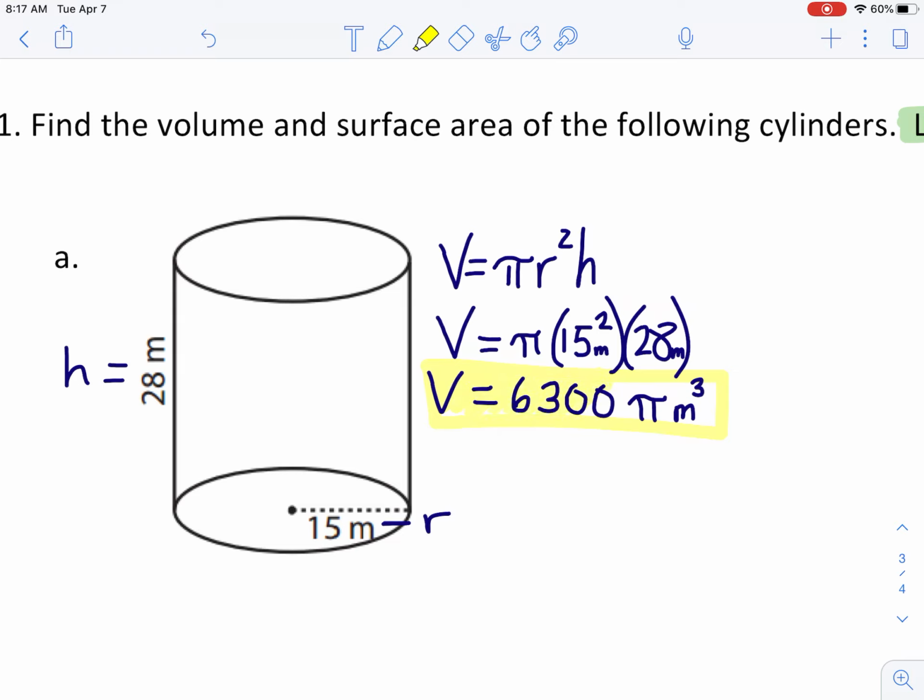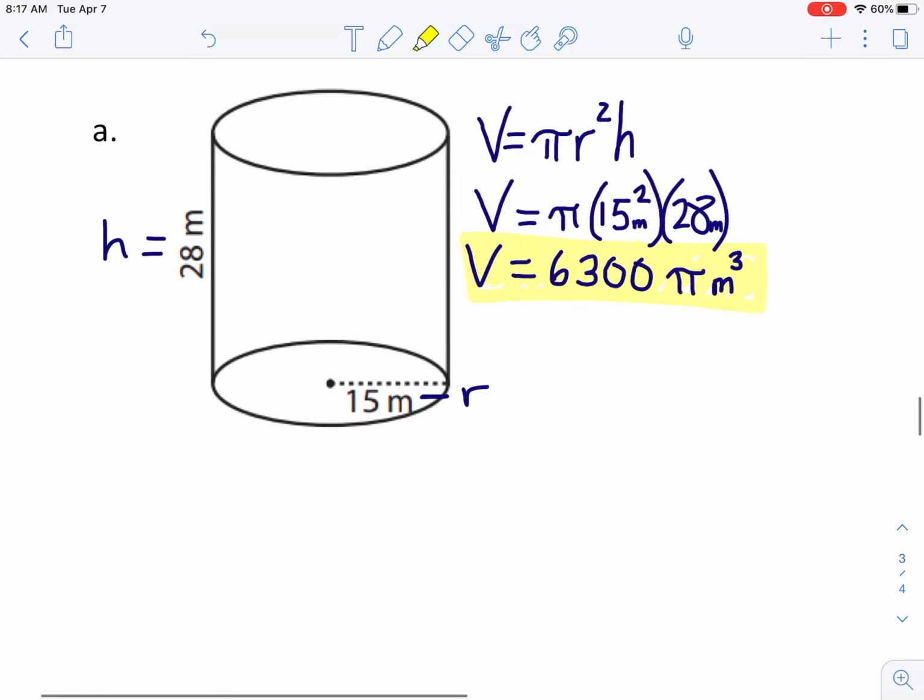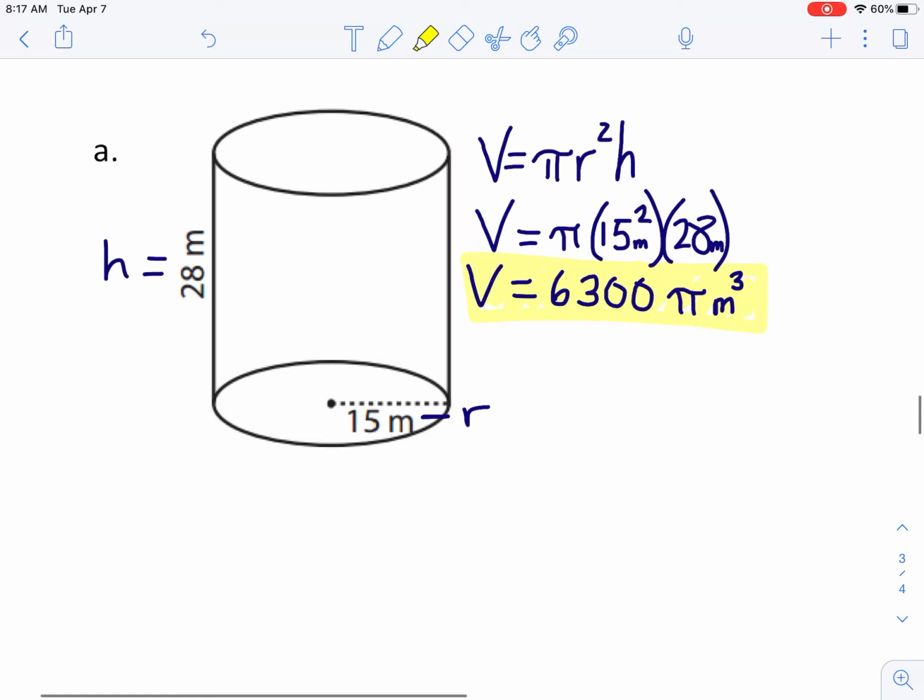This is in terms of pi. If I asked you to round to the nearest cubic meter, then you would hit the pi button on your calculator and you would get 19,792 cubic meters. Okay, but that's not what it's asking.